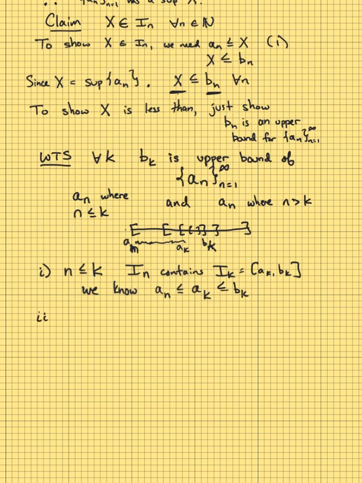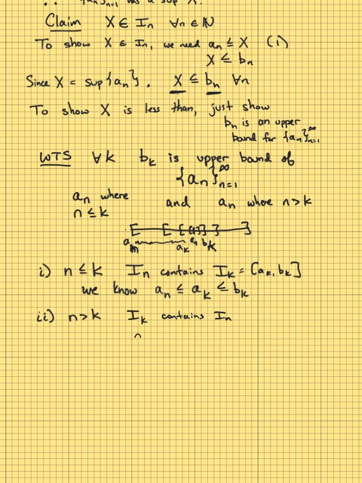For the other case, you have that n is greater than k, so you're somewhere here. a sub n is a further left endpoint of something that's further nested in the sequence. Then what you know is that I sub k contains I sub n.